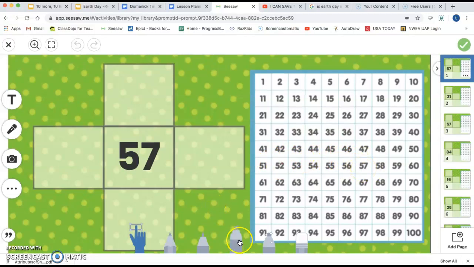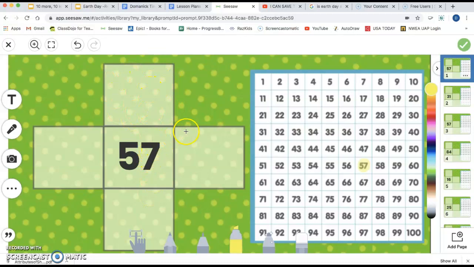So one way you can do this is you can use that highlighter tool, which is the 4th tool over, and you can highlight the number 57. That way you know that's where you're going to start. I want you to figure out what is 10 more and put it down here. What is 10 less than 57? Put it up here.